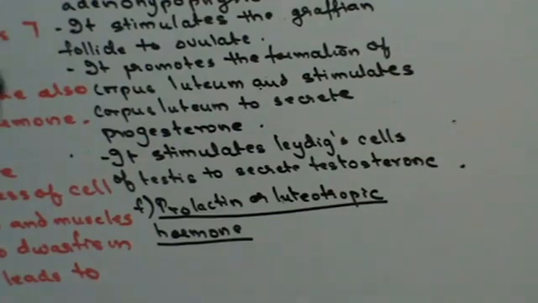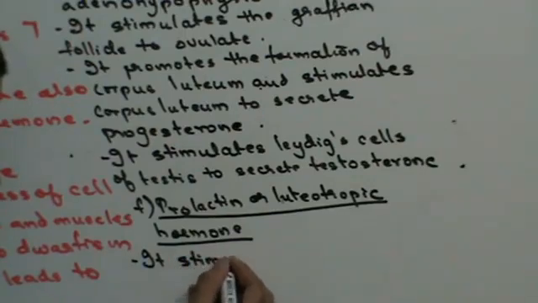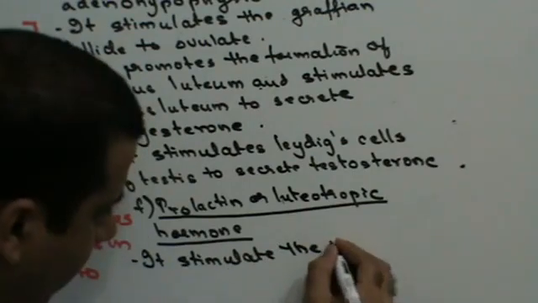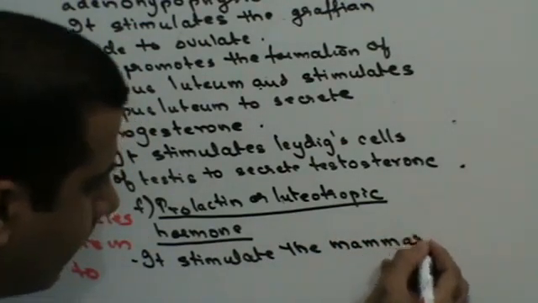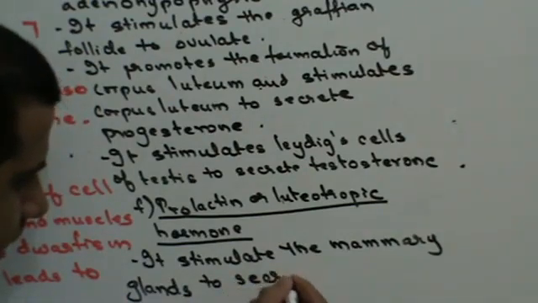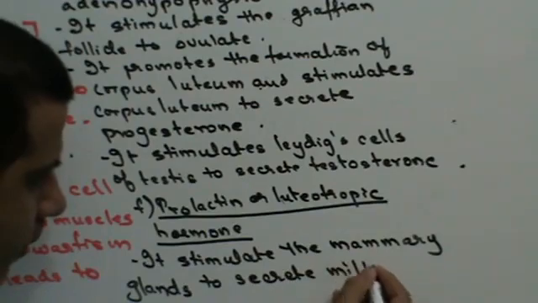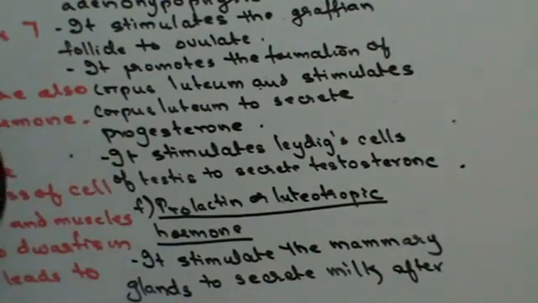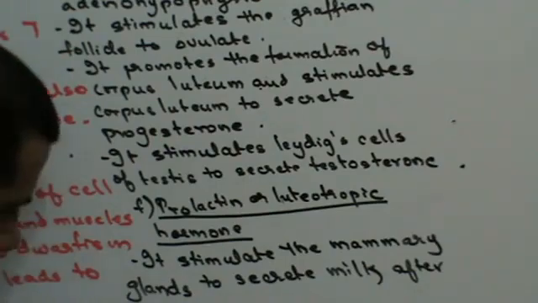Now, the prolactin stimulates the mammary glands to secrete milk after parturition.